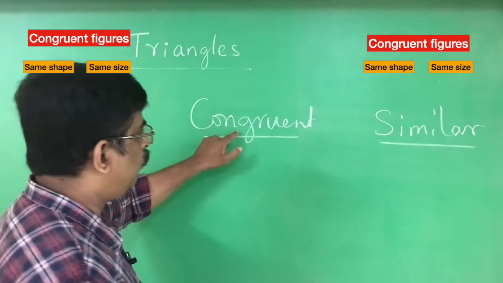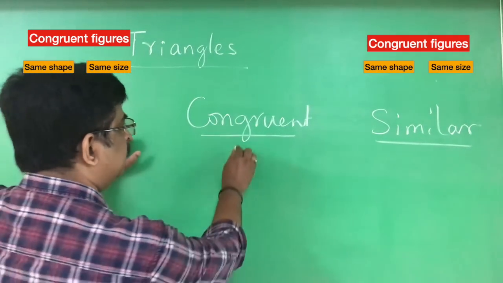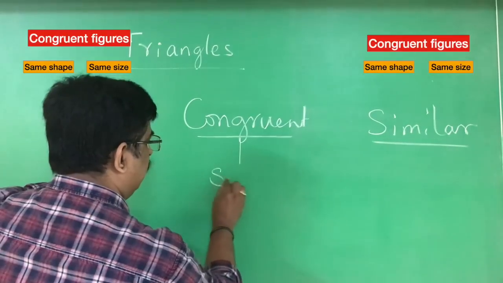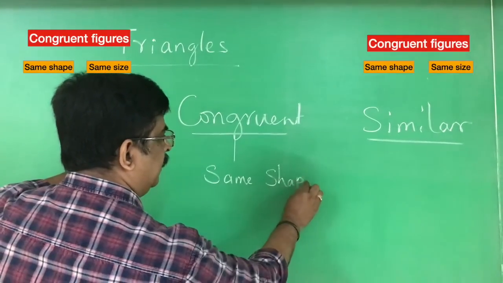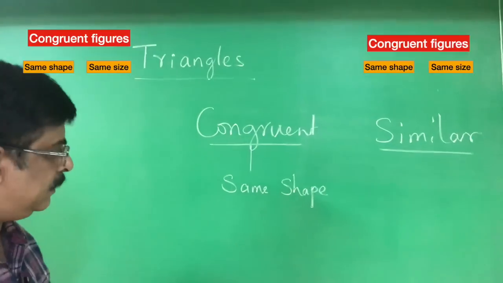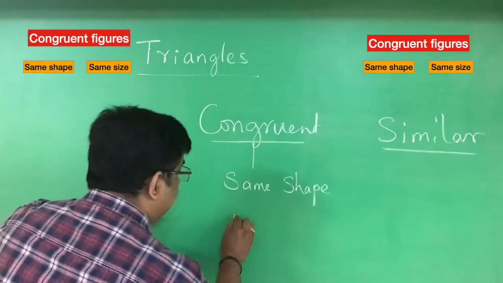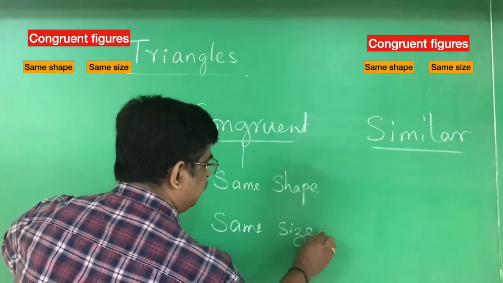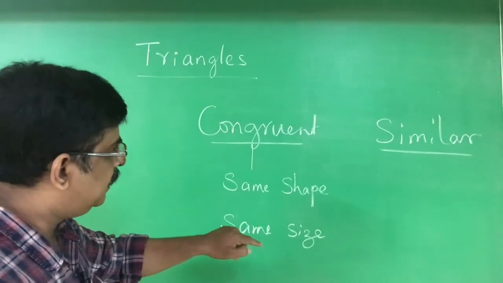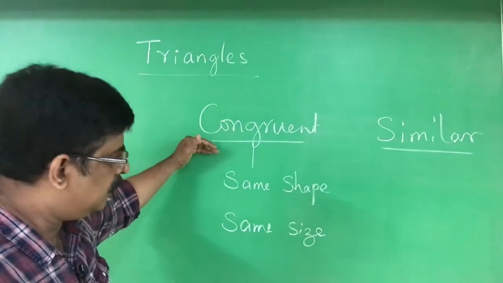Congruent figures are geometrical figures having same shape and same size. Geometrical figures of same shape and same size are called congruent figures.